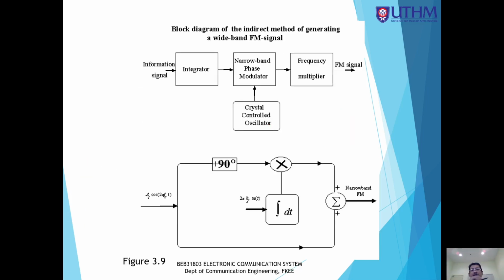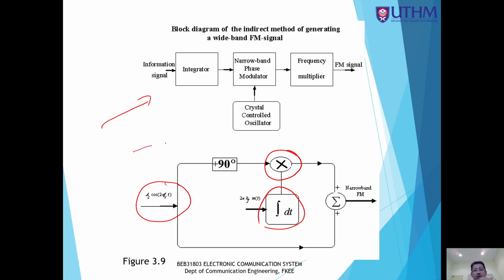So this is the block diagram for indirect FM. Here we have the integrator, and then a narrowband phase modulator, and we have the crystal control oscillator, which produces the carrier.